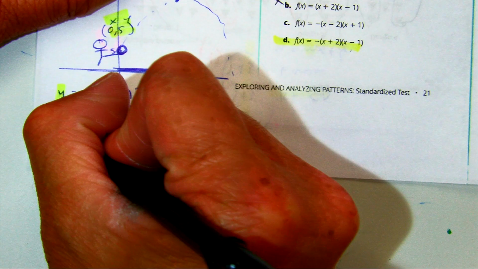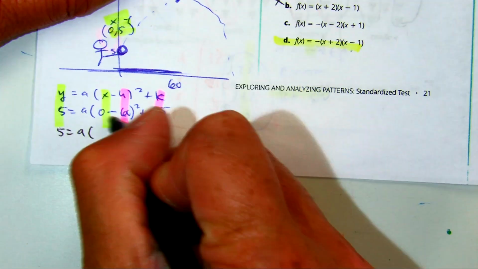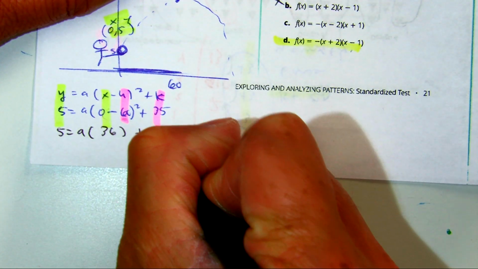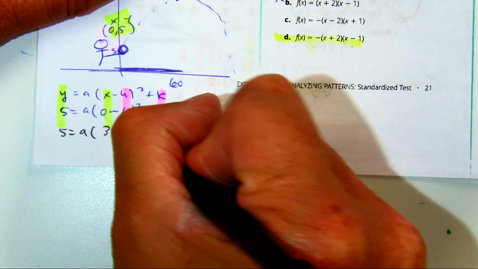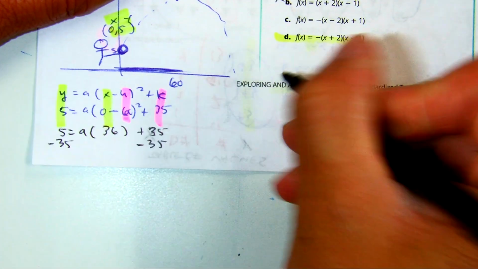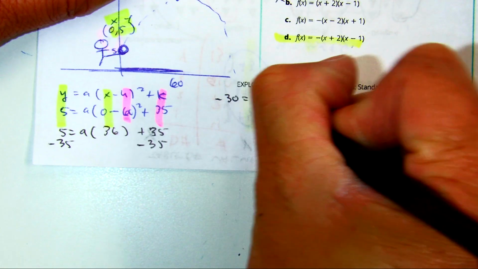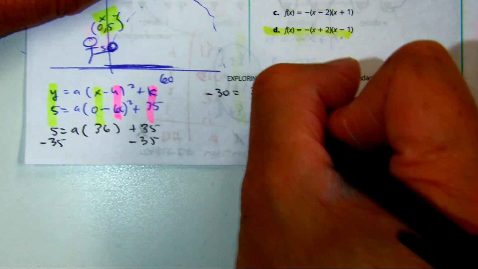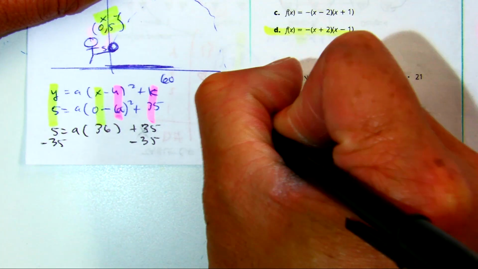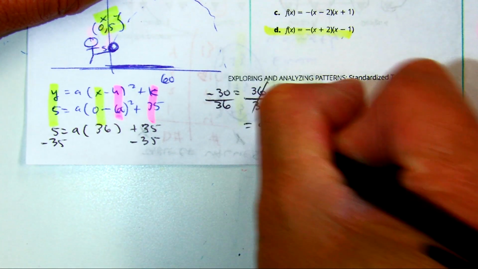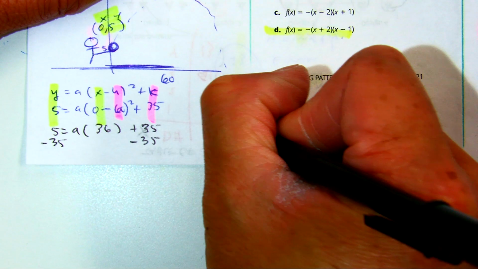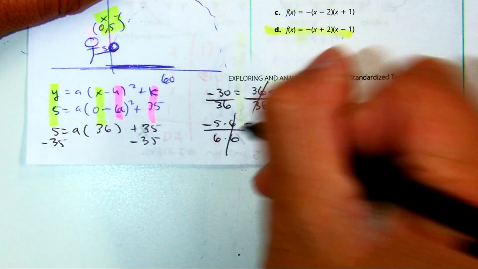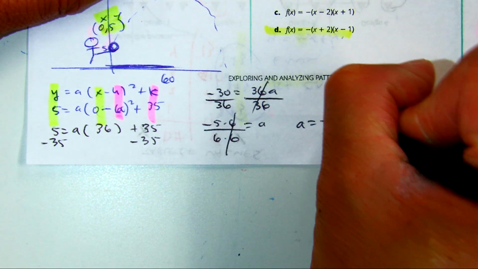So I have 5 equals a times negative 6. Negative 6 squared is 36 plus 35. I'm going to subtract 35 from both sides. That gives me negative 30 equals 36 times a. If I divide by 36 on both sides, you get negative 5 times 6, and then 6 times 6. So our 6's cancel. a is negative 5 sixths.